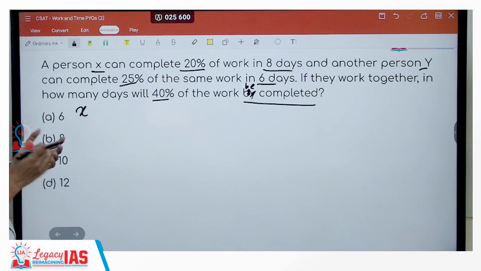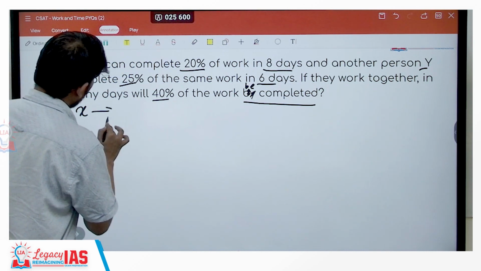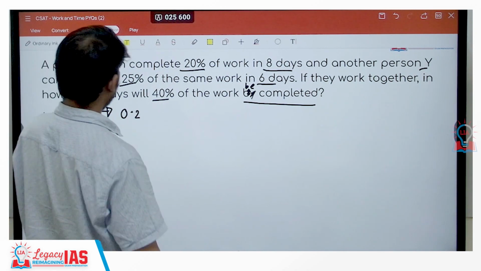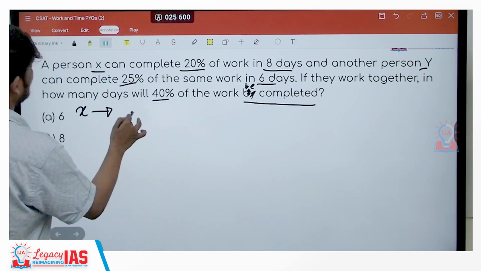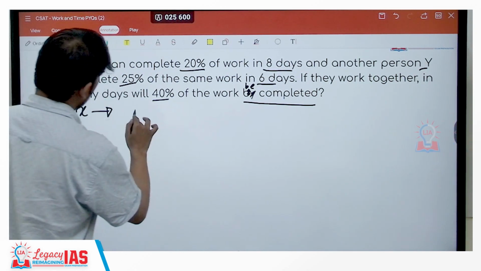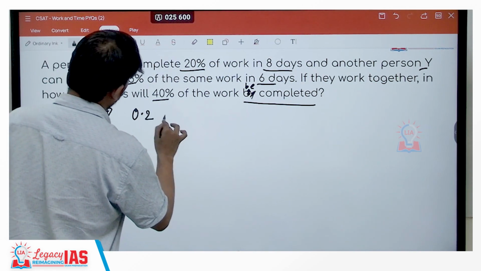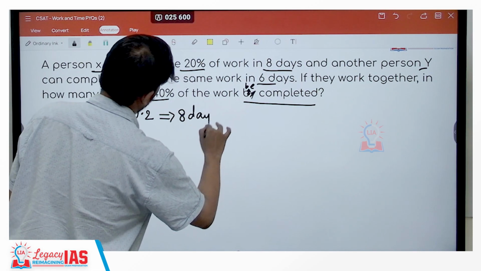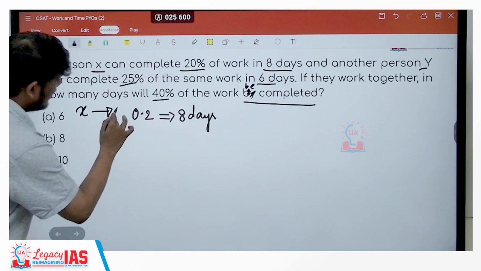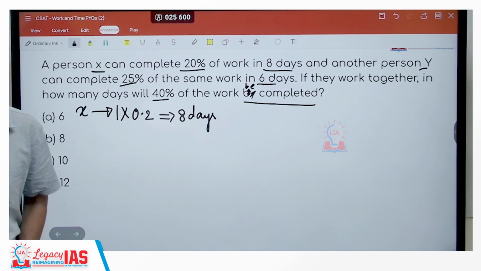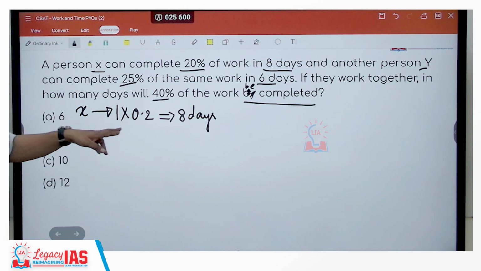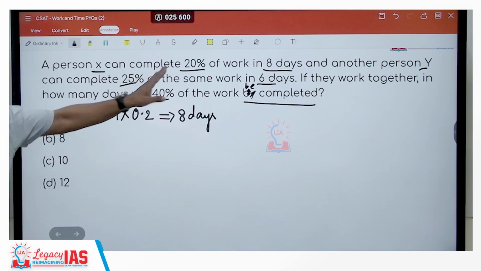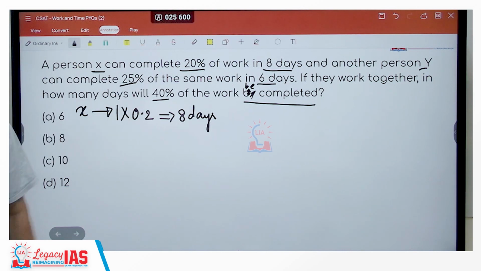So X can finish 0.2 of the work in 8 days. We want not the entire 1 work, we want only 20% of the work, that means 0.2 of the work.